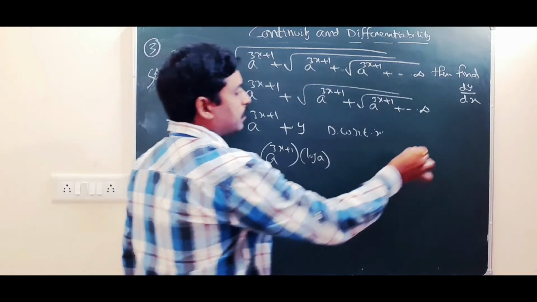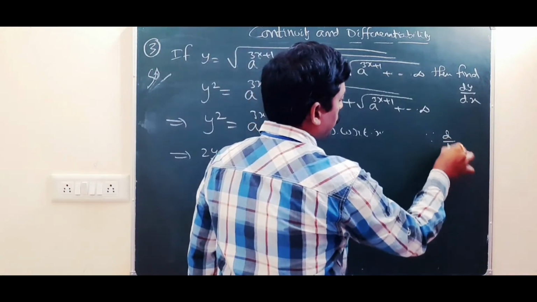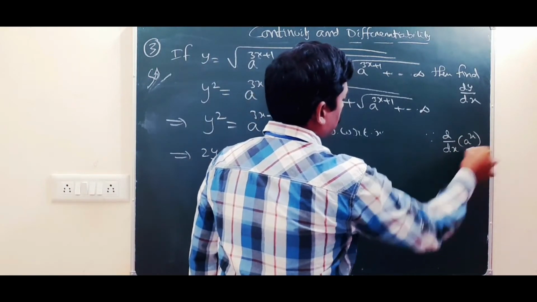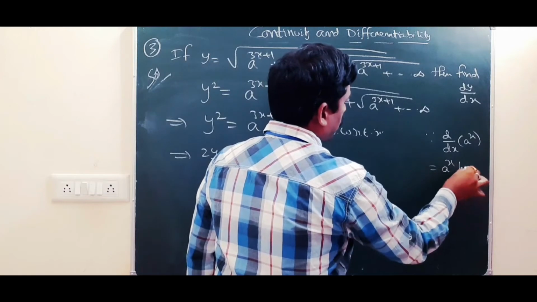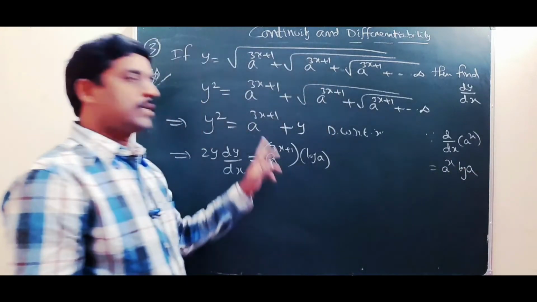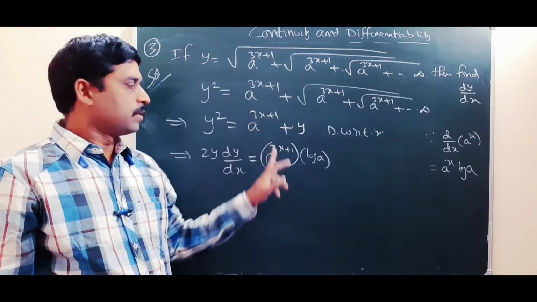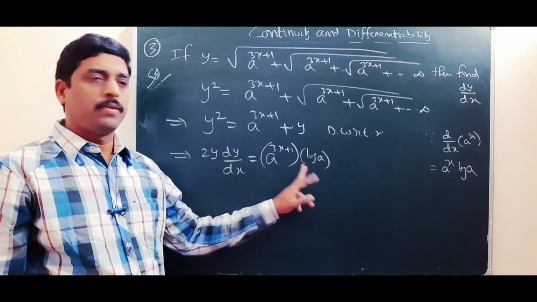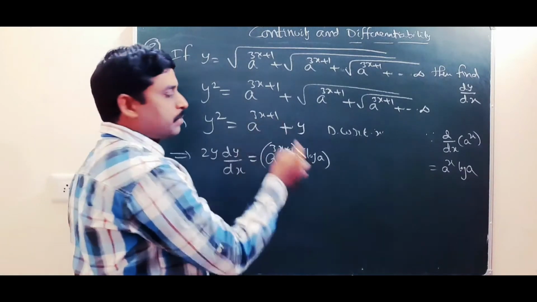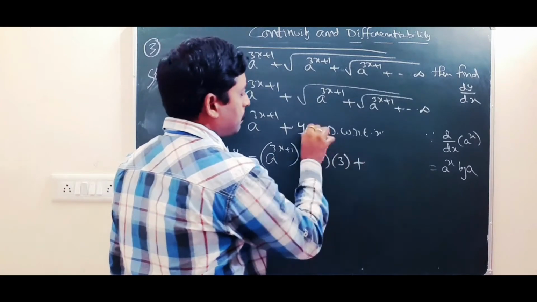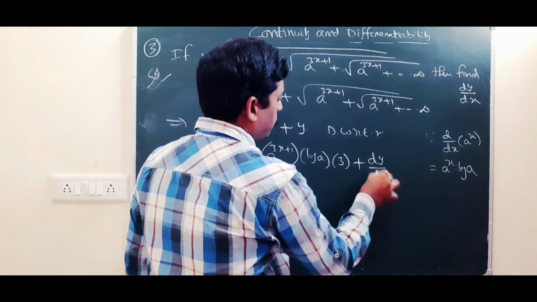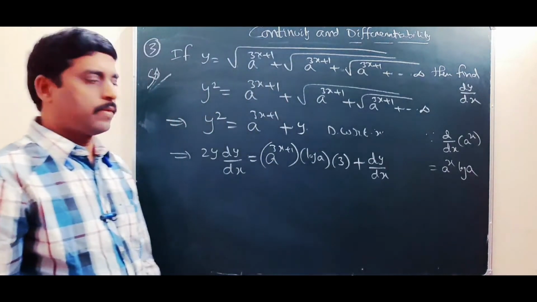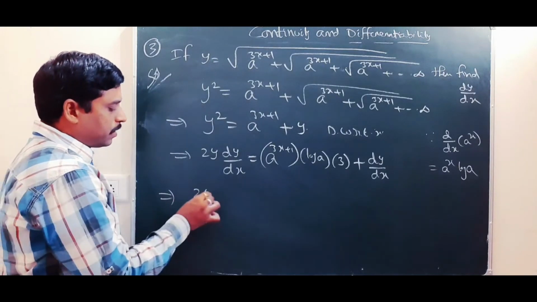So what is the formula? The differentiation of a^x is a^x into log a. So the differentiation of a^(3x+1) is a^(3x+1) into log a, but the derivative of 3x+1 is 3. Plus, the derivative of y is dy/dx. Now we collect the dy/dx terms.